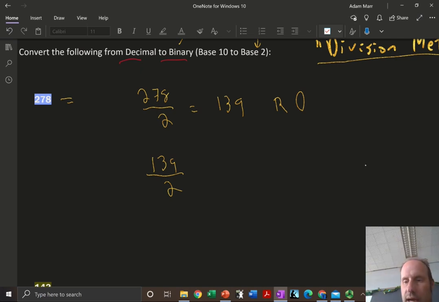139 divided by 2 is going to end up giving you, remainder 1, so 2 into 13 goes 6 times, and 2 into 19 goes 9 times. So that's going to be 69 remainder 1.